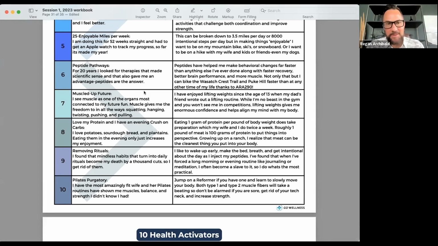But yeah, the 25 enjoyable miles is pretty easy, because it can be broken down to 3.5 miles a day, or 8,000 intentional steps. So when I'm walking from one side of the office to the next, or upstairs to downstairs, those don't count. But when I'm doing things that are intentional, like going for a run, going for a walk, hiking, mountain biking, skiing, the 25 enjoyable miles are to help remind me to participate in the recreation more.